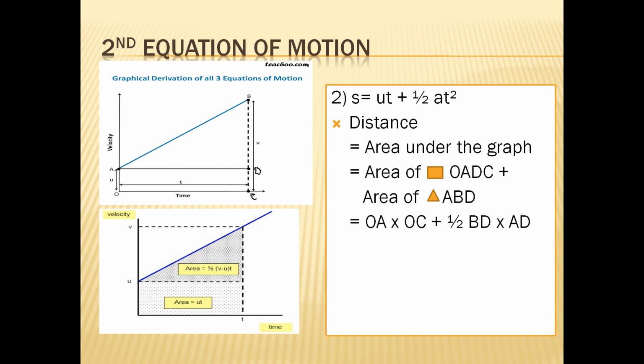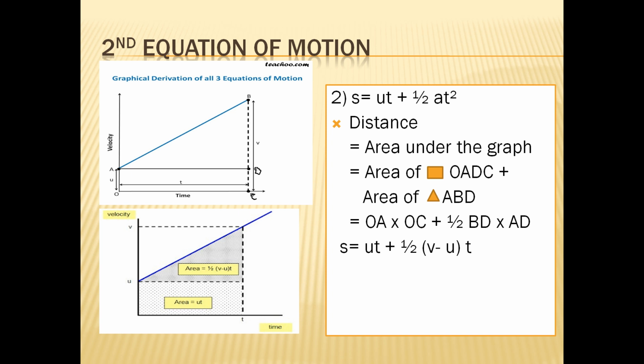Now writing down the notations, we get S equals UT plus half (V minus U) into T. S is the distance, OA is U and OC is time T, BD is V minus U and AD is T. So this is how we get it.